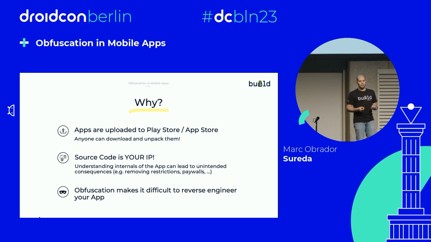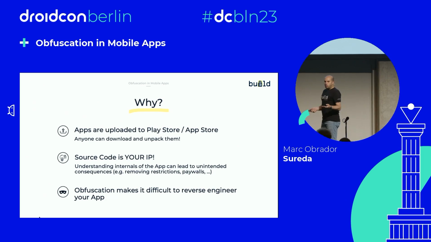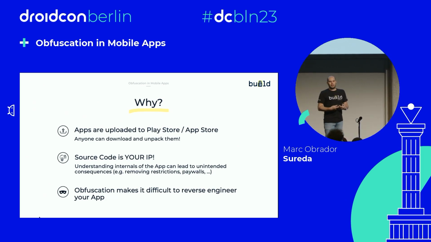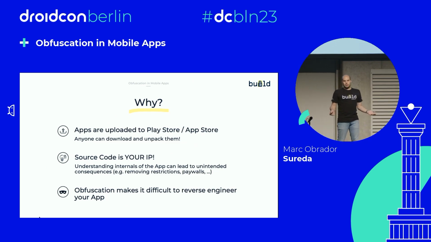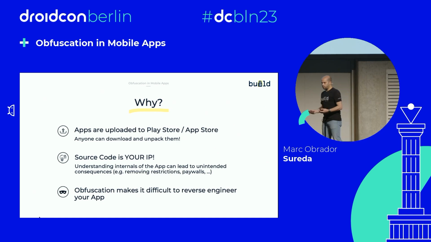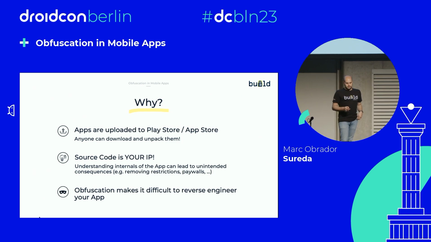They can, for example, remove paywalls to access paid content for free, or even inject malicious code that harvests user credentials, sending them to an attacker server. And this is where obfuscation can help us. It's one of the tools that we, as security researchers, can provide to the developer community to protect their applications.